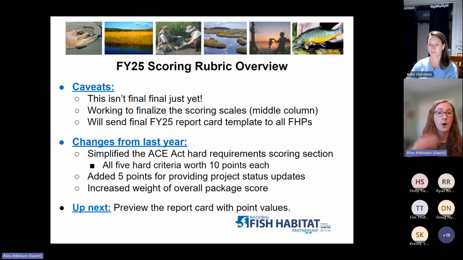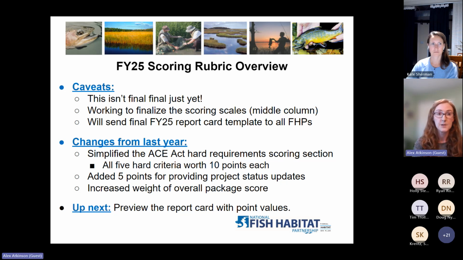By and large, the large scoring bins where you have the different scores will not change. The smaller, more fine point details within those is what may shift in the next couple of weeks. But we anticipate finalizing this really soon with that team and sending out the final report card template so that you all have those final in hand as you go through your RFP process.